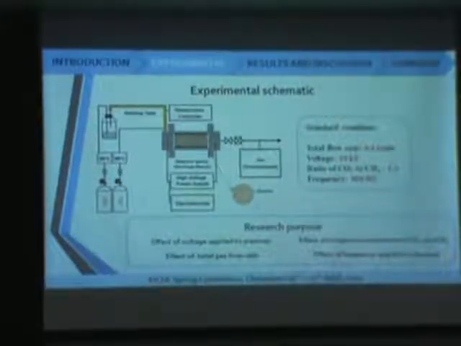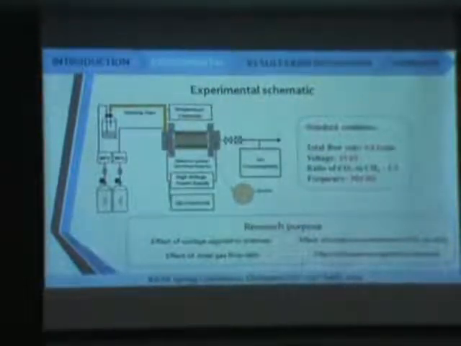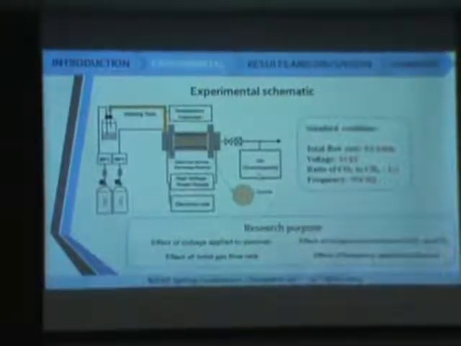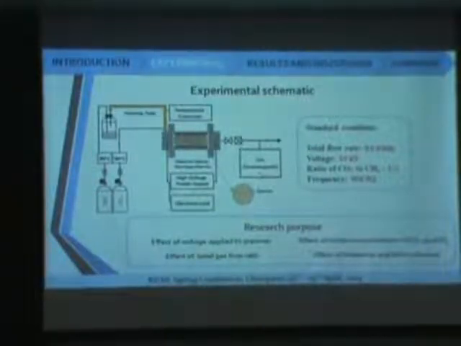We use zeolite as a catalyst inside the plasma reactor, the carbon dioxide and methane are mixed well before going to the reaction zone, and the product gas is analyzed by gas chromatography.